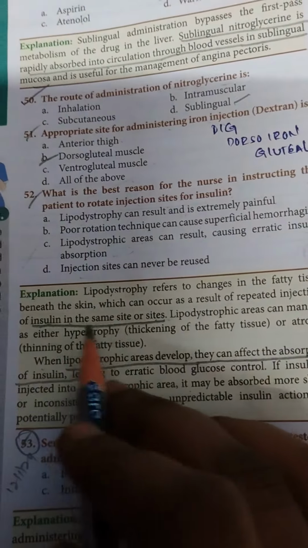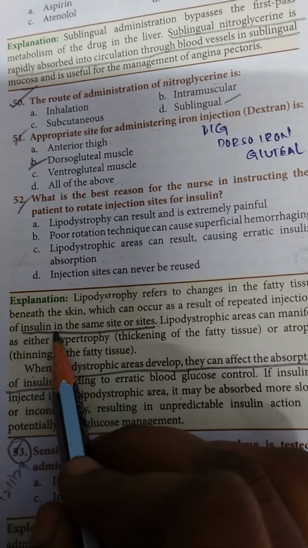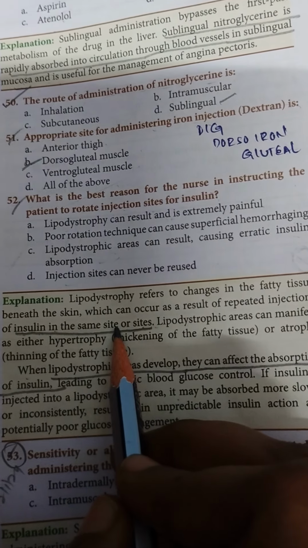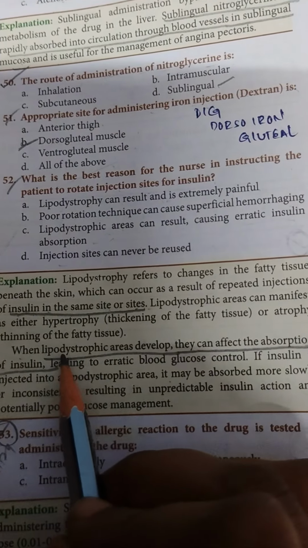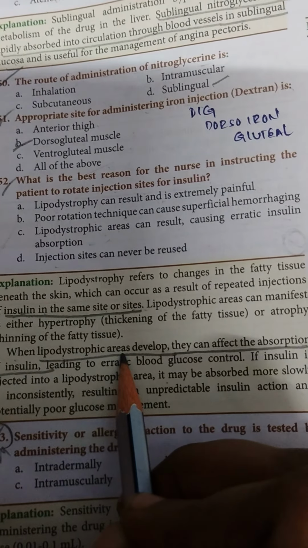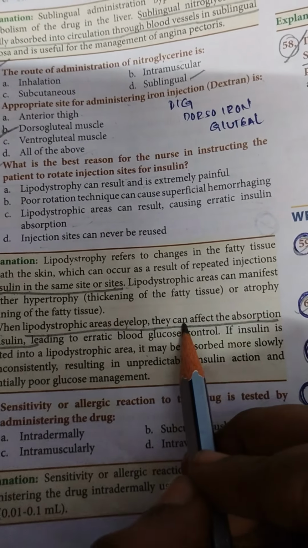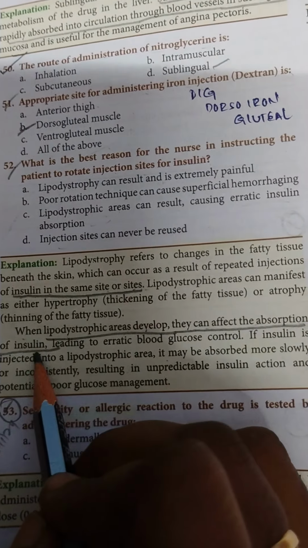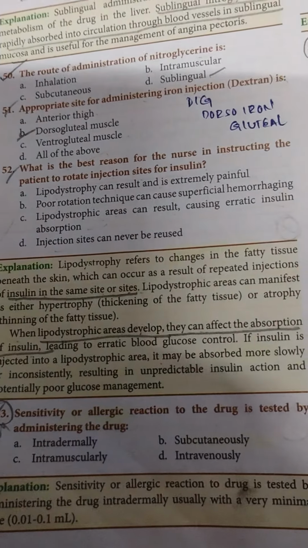Here you can see, administration of insulin in the same site causes development of lipodystrophic areas, and because of this it affects the absorption of insulin. So that's why we should not use the same sites for insulin injection.